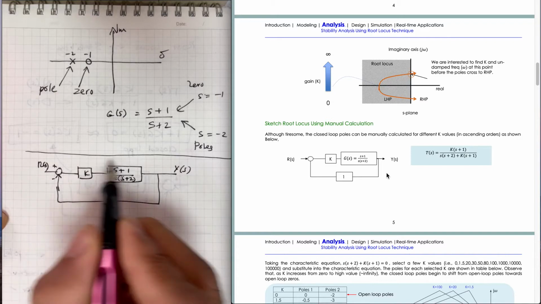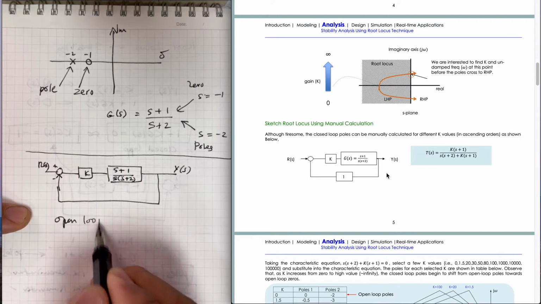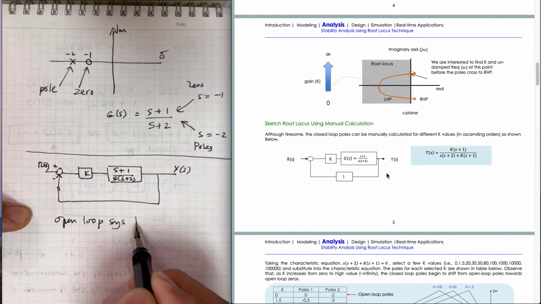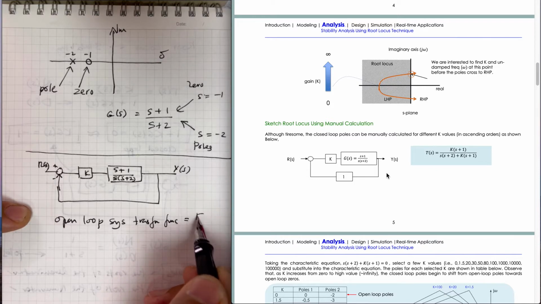Open loop system, G(s), the open loop transfer function equals K(s plus 1) over (s plus 2).